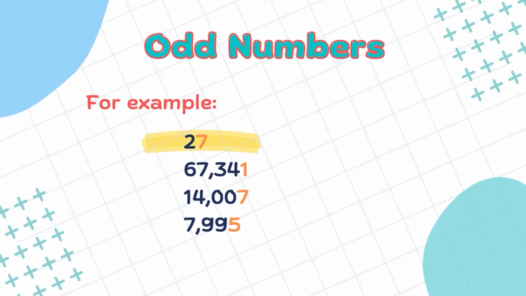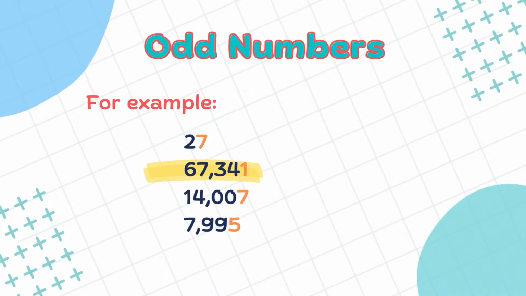Let's zoom in a little closer. What is the number in the ones place in the number 27? 7. So therefore, 27 is an odd number. 67,341. 1 is in the ones place.